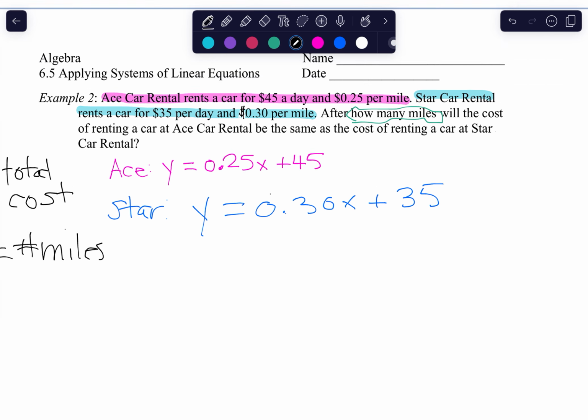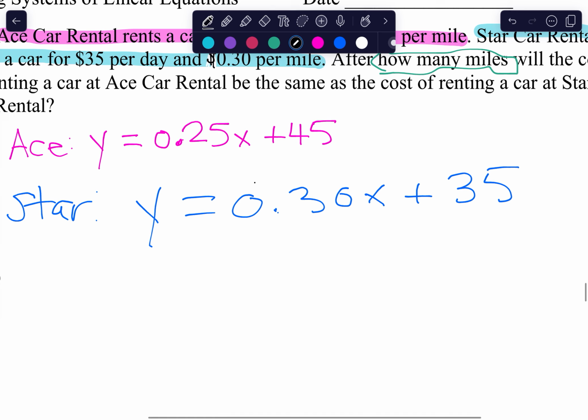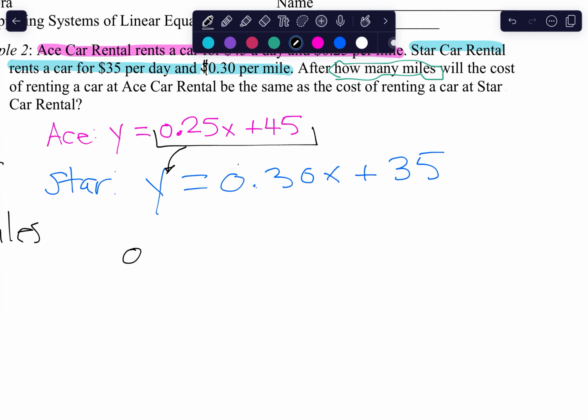All right, so now we get to solve these. I know that sometimes this is not your favorite one to do when they're each equal to y. But if this top equation says y is equal to that, I'm just going to substitute that in there. So I get 0.25x plus 45 equals 0.3x plus 35. And then we're just going to solve this.